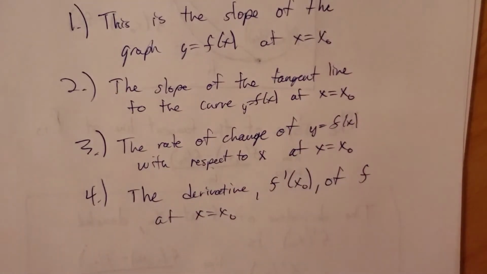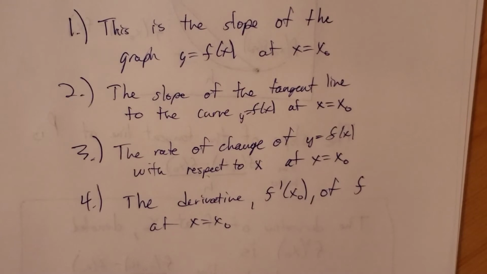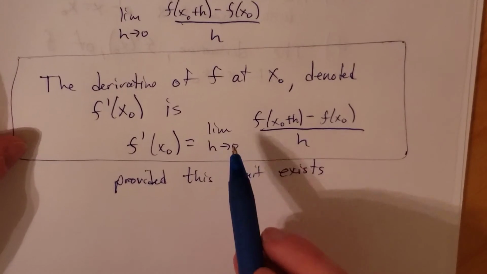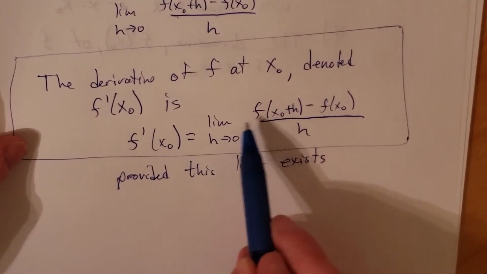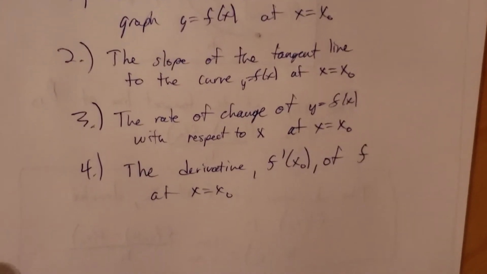All of these four things are equivalent, and they are all interpretations of taking that limit as h goes to 0 of that average rate of change, which was f of x naught plus h minus f of x naught, over h. That's what we wrote here.